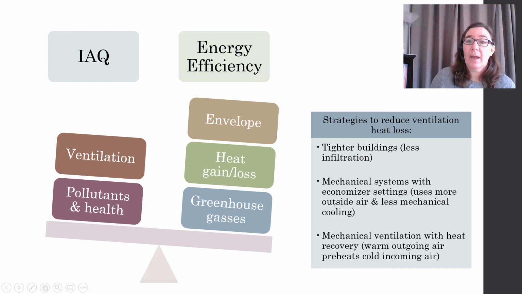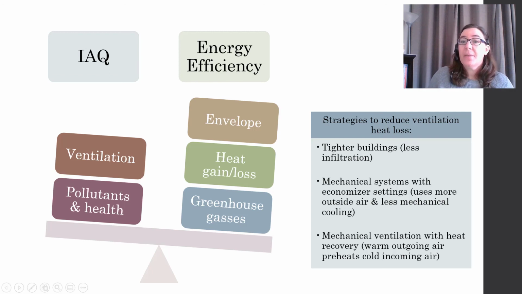The next strategy is to specify mechanical systems with an economizer setting. And what this does is pays attention to the temperature of the outside air, and when it's energy efficient to use outside air instead of mechanically cooled air, the system will swap over and do that.